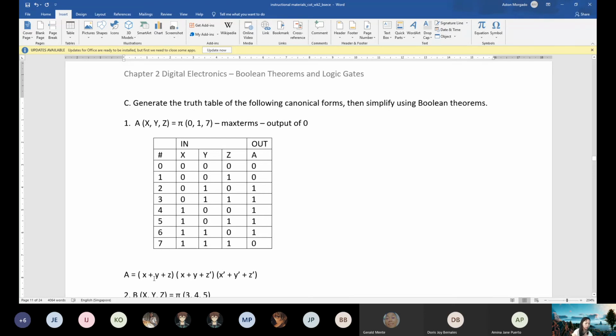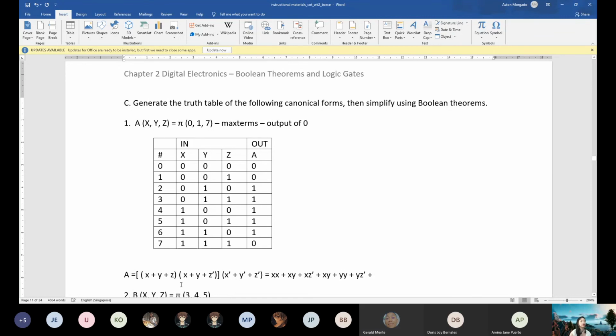Again, we distribute the first two terms first. Distribute x, such that it becomes xx plus xy plus xz prime. Next, distribute y: we have xy, then yy plus yz prime.